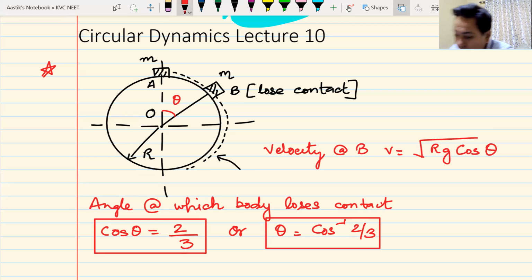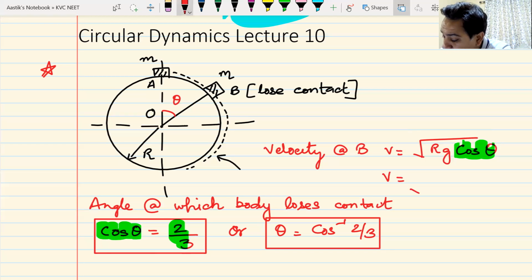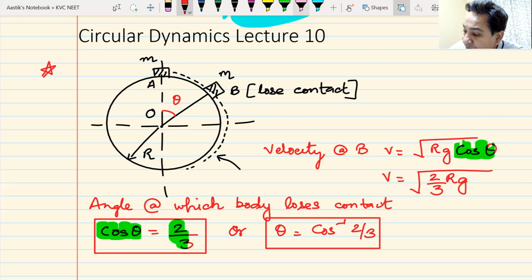We know the value of cos theta is 2 by 3. So now you also know the velocity with which the body loses contact, and the answer is root of 2 by 3 Rg. Remember this value.